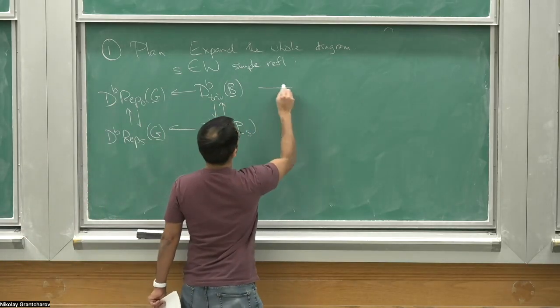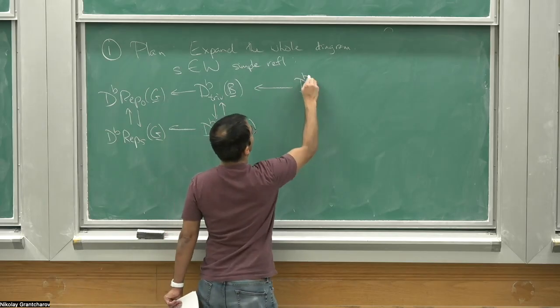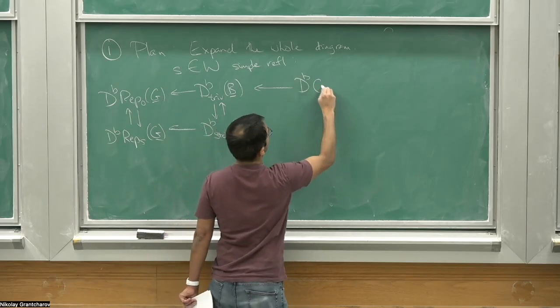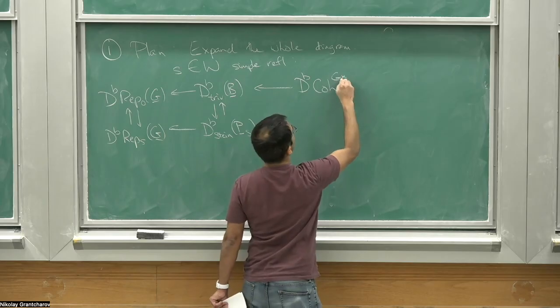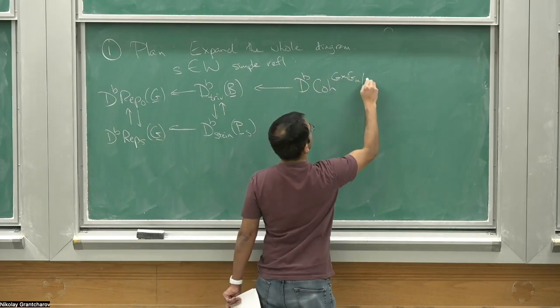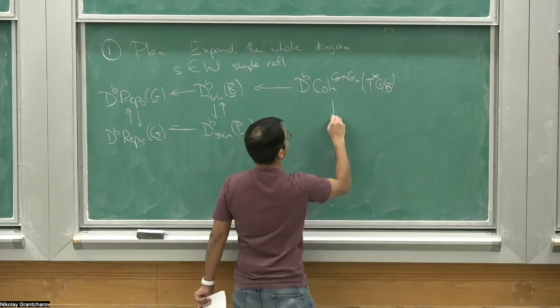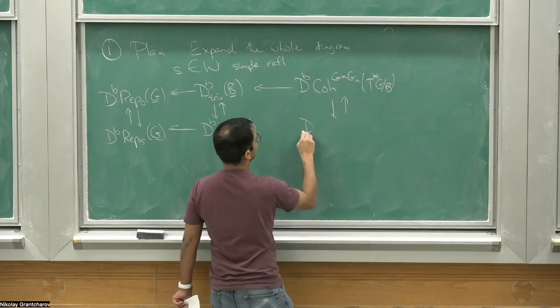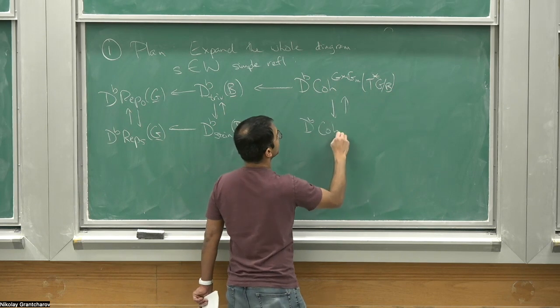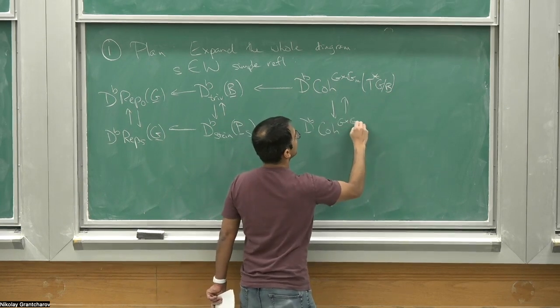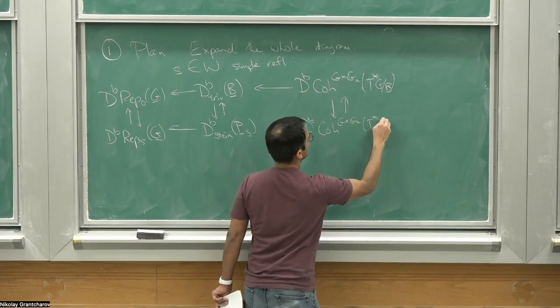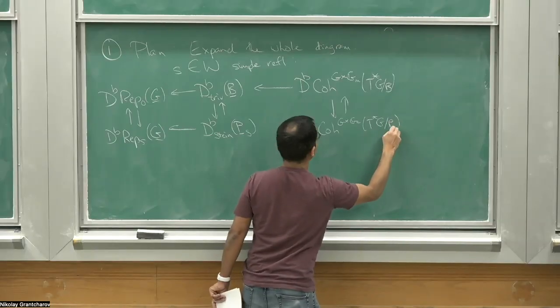The next step, well, I won't write down the bottom row. I'll just write down the top row here. So this is T*G/B, and then there are functors back and forth to coherent sheaves on T*G/P_S.